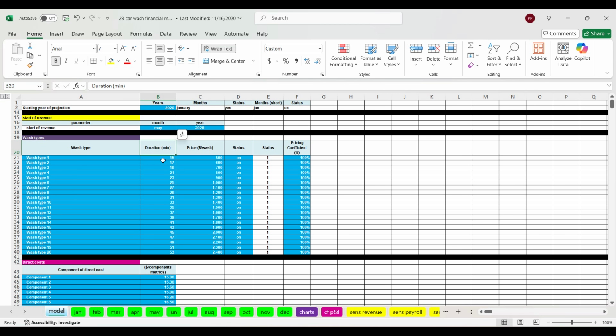We need to specify how much time it takes for each wash to happen. So for example in this case we're saying that this car wash will take 15 minutes to perform, 17 minutes, 40 minutes. It doesn't matter, all numbers are imaginary.